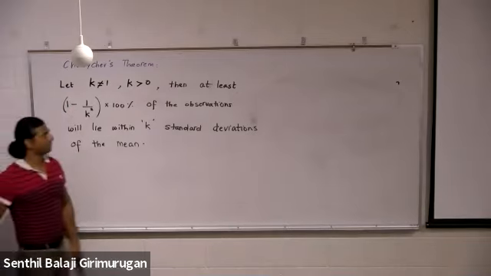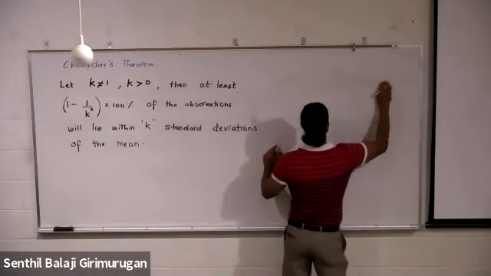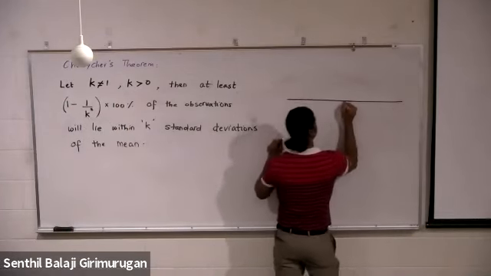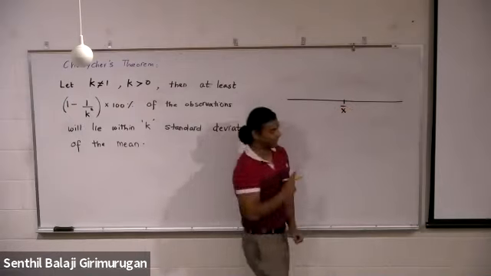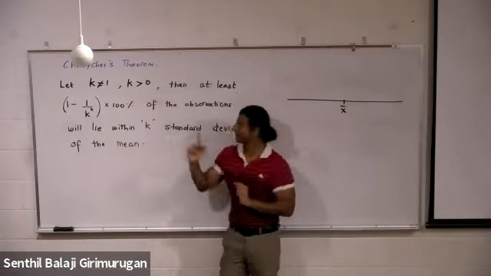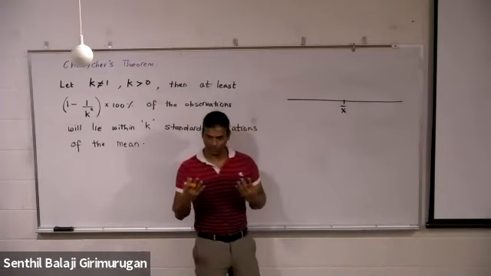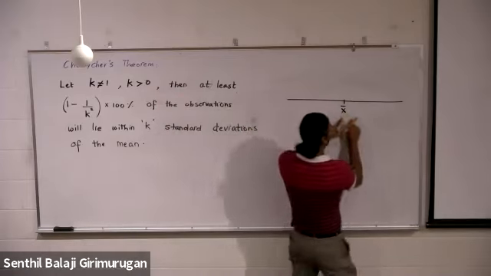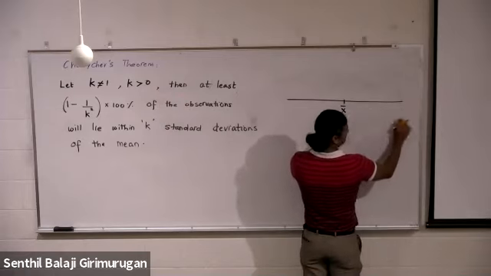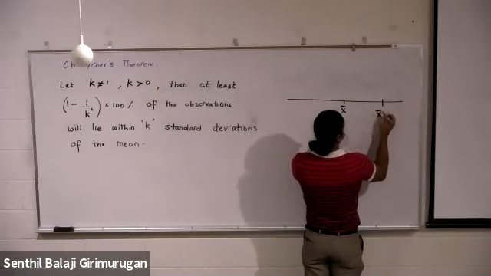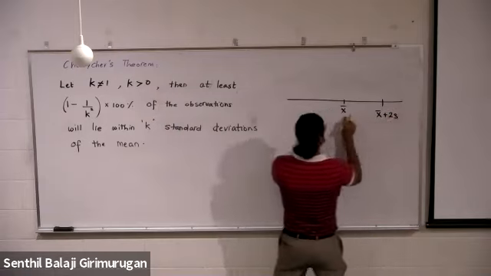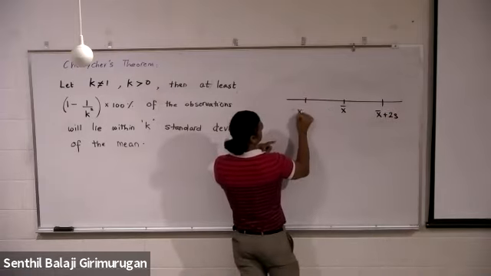In other words, according to the theorem, if the mean is right here, clearly I can't pick 1, because k can't be 1. Let's just say k is 2. So I'm going 2 standard deviations to the right and 2 standard deviations to the left.